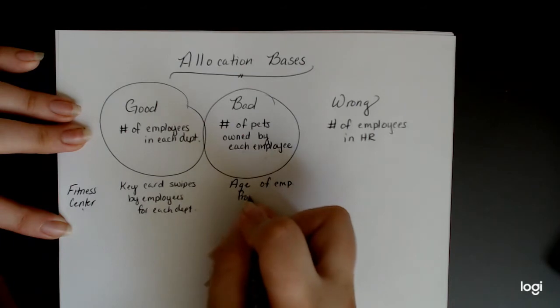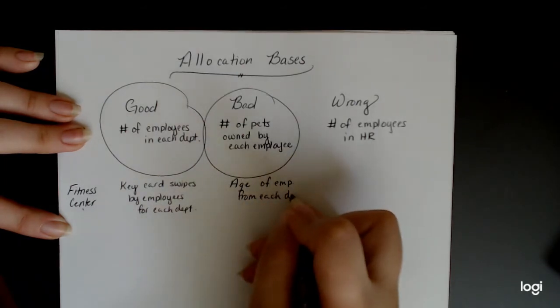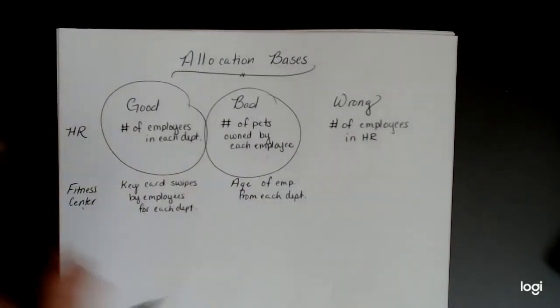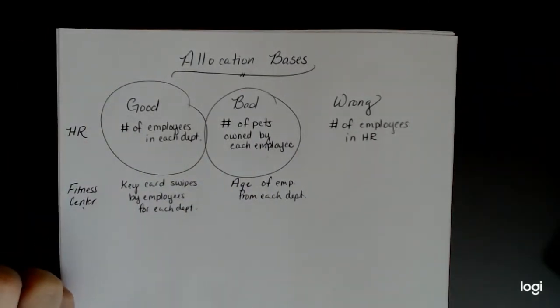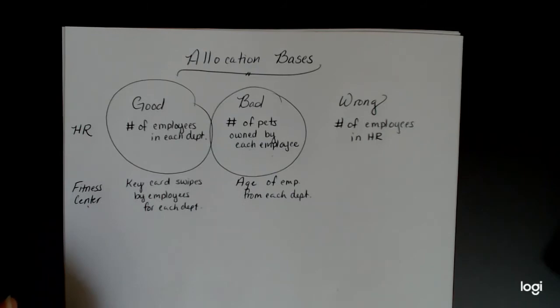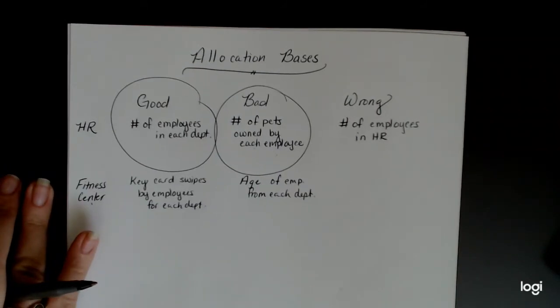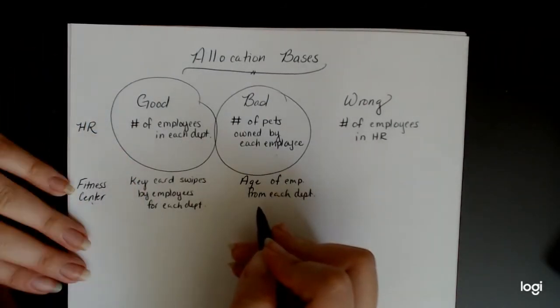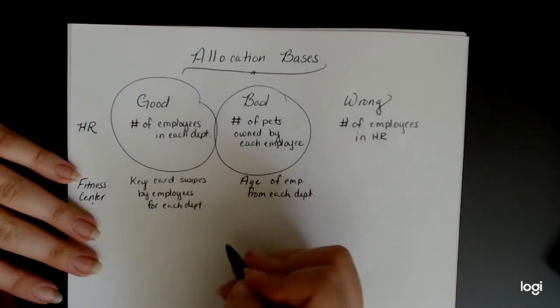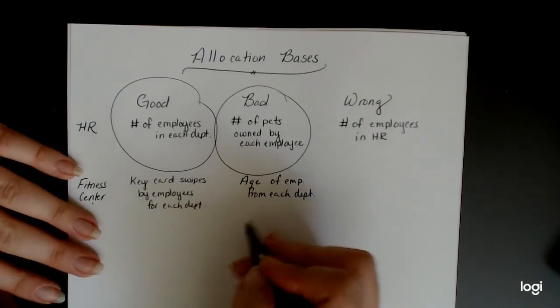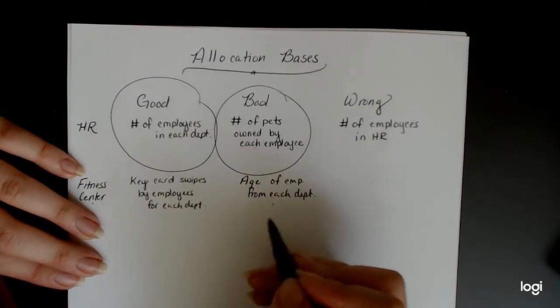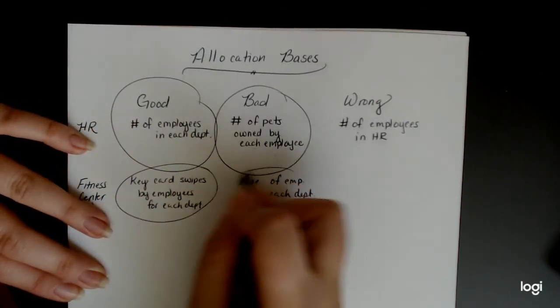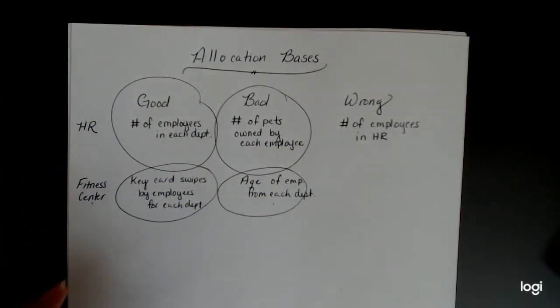So we could find the age and add them all up, and then those with a significantly higher number of years could be allocated more of the fitness center's use, which I don't think are correlated, but who knows, I might be wrong here. Essentially we could do it. It just isn't a good allocation base. You could even do number of employees in each department, and it would be a lot better than this randomness. So if you answered each of these on the exam, I would say, okay, great, I'm giving you points for that.